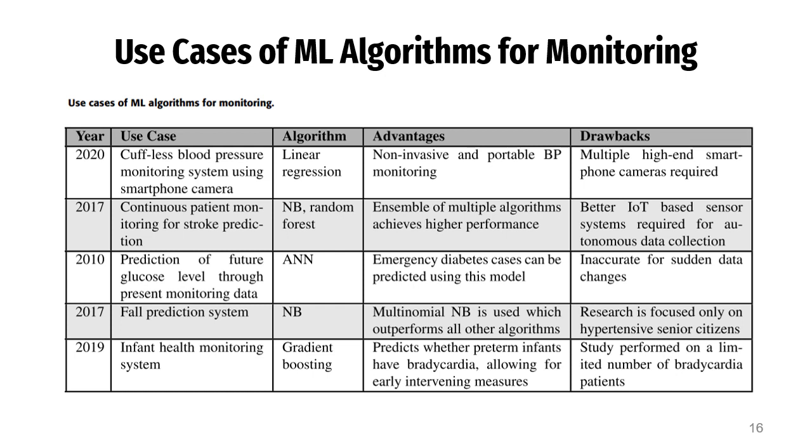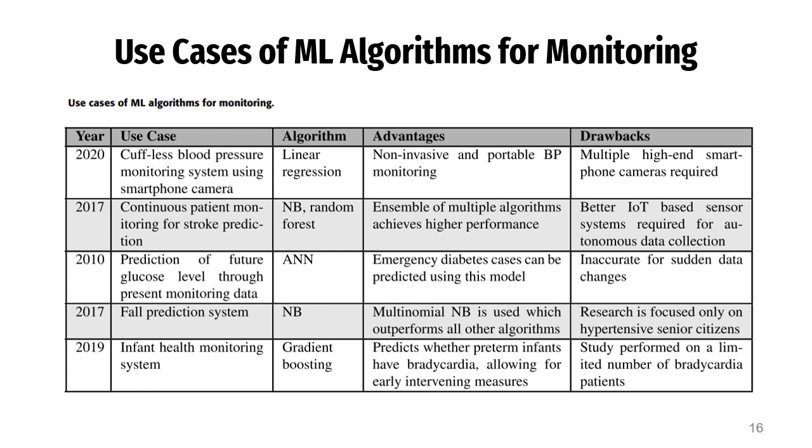The drawback is that it is inaccurate for certain data changes. So we are predicting the diabetes case in real time, so there is inaccuracy for certain data changes. The year 2017, fault prediction system, and the algorithm used was NP.